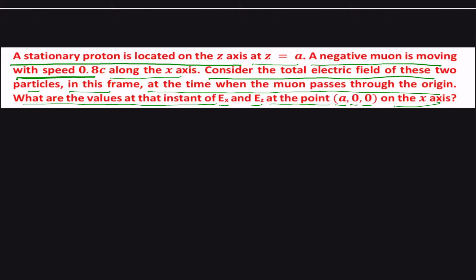So basically we have to find out the value of electric field at the point a, 0, 0. And we are given that a proton is at rest, only the muon is moving. So we are going to evaluate the field at the instant when the muon is at the origin.